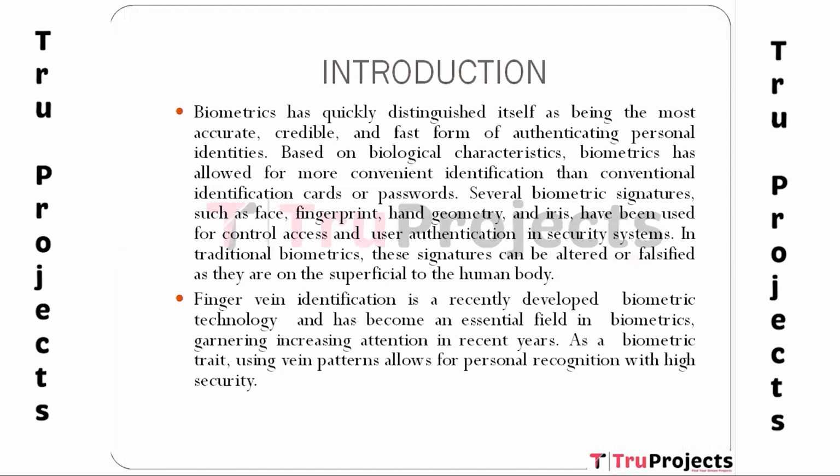Biometrics has quickly distinguished itself as being the most accurate, credible, and fast form of authenticating persons' identities. Based upon biological characteristics, biometrics has allowed for more convenient identification than identification cards or passwords.